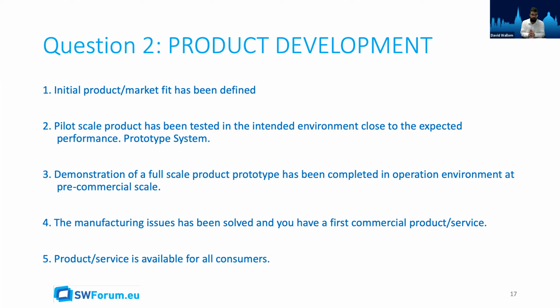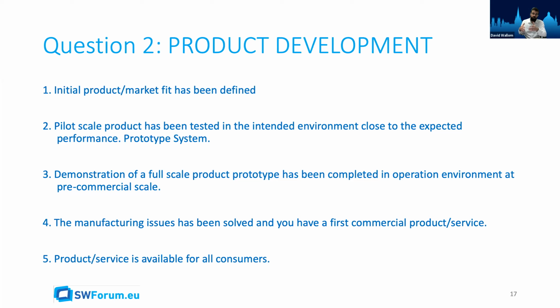The lowest level of this is that an initial product has been defined and where it might fit into a market. We then advance through pilot scale products, the small scale prototypes, and demonstration of full scale prototypes.